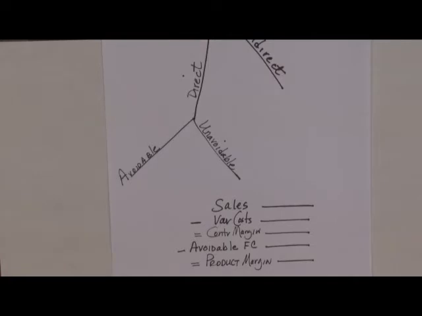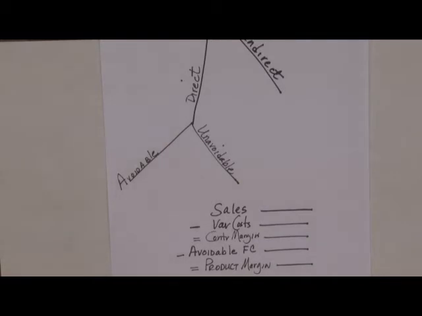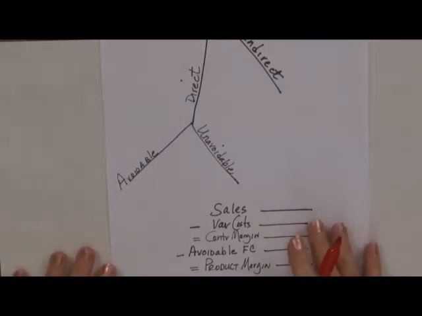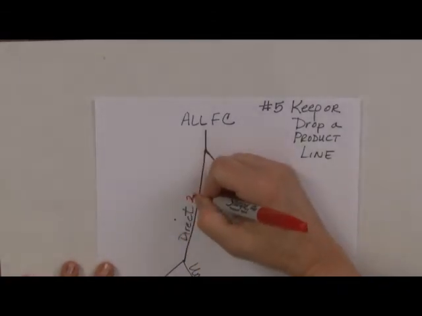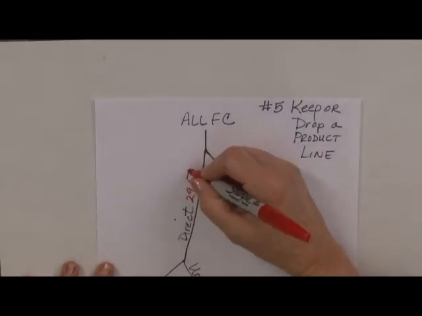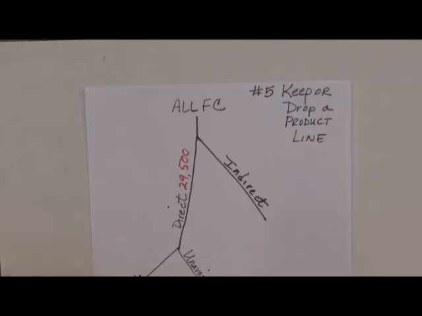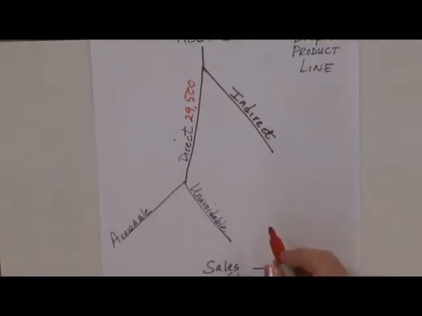So instead of looking at both of these in a complete analysis here, let's just look at the electric skillets. The information in the problem tells you that the cost would be broken out like we're going to put here $29,000 direct. That means these fixed costs can be traced right to the skillet department.